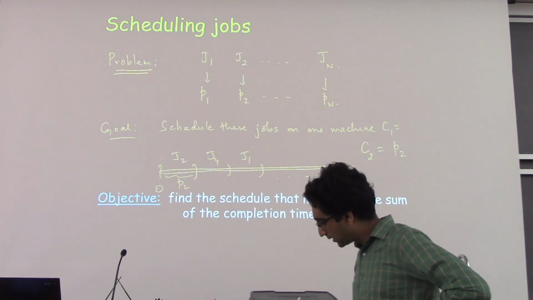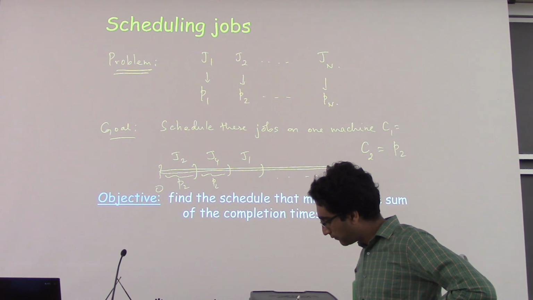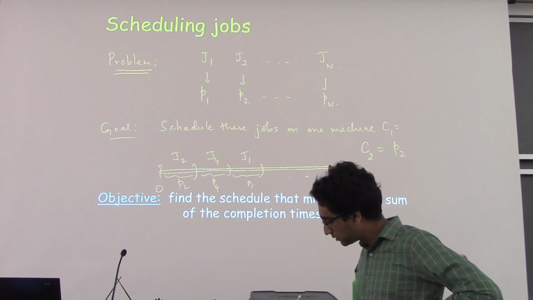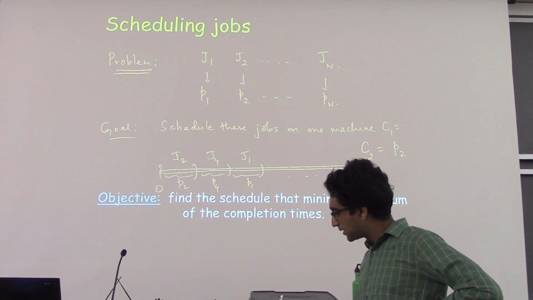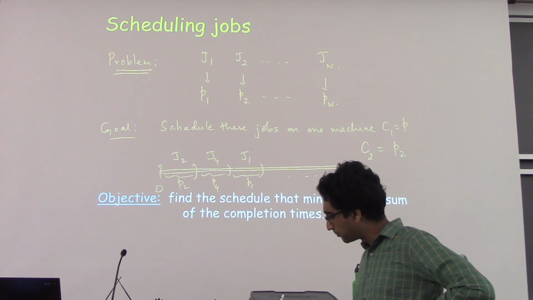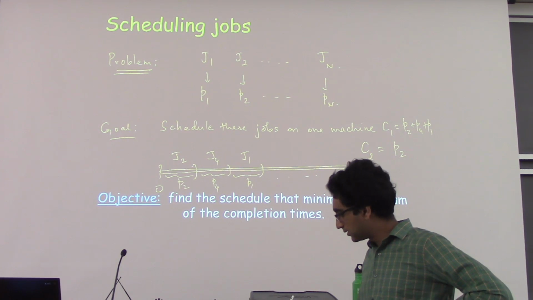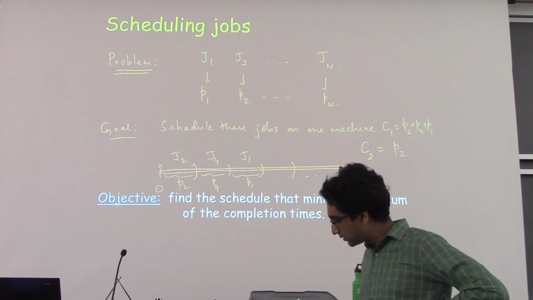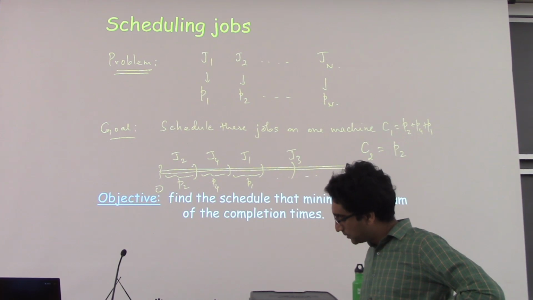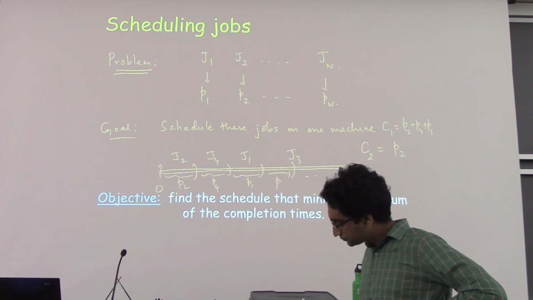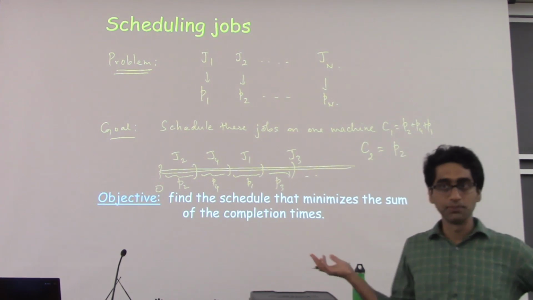P2 plus P4 plus P1. Yeah, so you get the idea, right? This is P4, this is P1. So C1 is actually P2 plus P4 plus P1. And maybe 3 was done here. So C3 will be P1 plus P2 plus P3 plus P4.